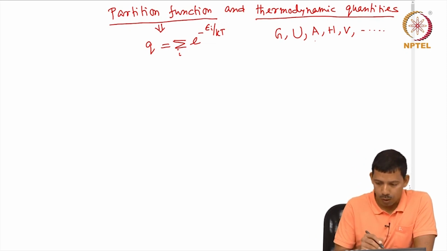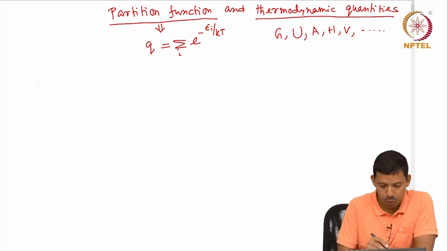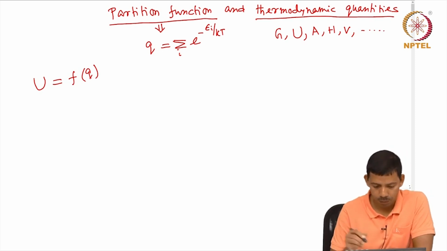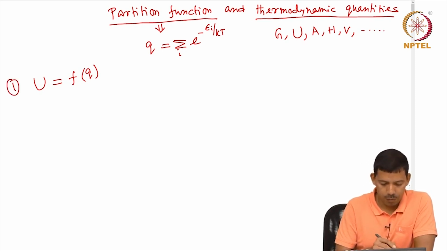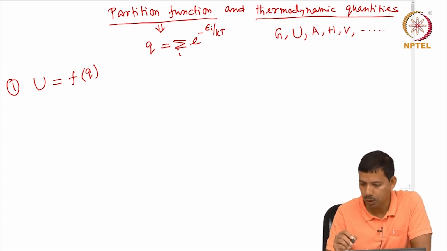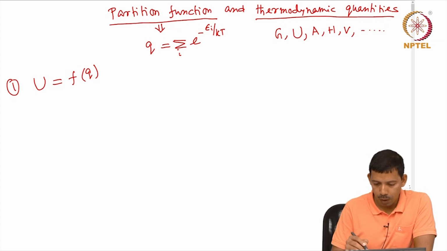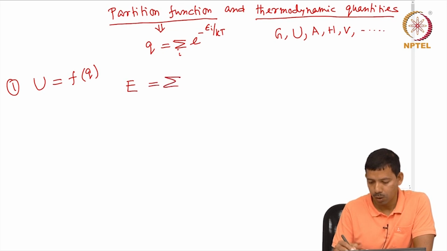Okay, so to start with, let's see the relationship between U, the internal energy of the system, as a function of the partition function. This is the first relation between the partition function and a thermodynamic quantity we will be looking at. As you have seen, the total energy of a system was the sum over i of Ni epsilon i.